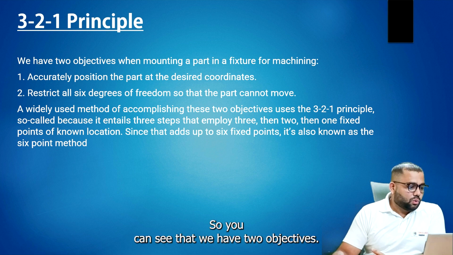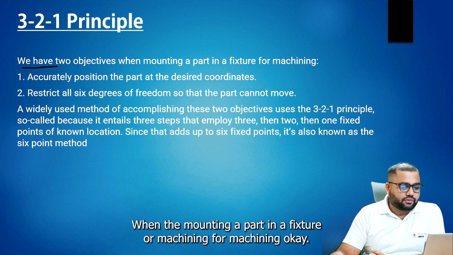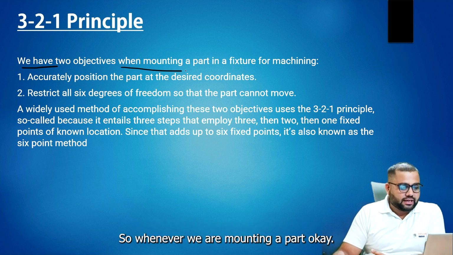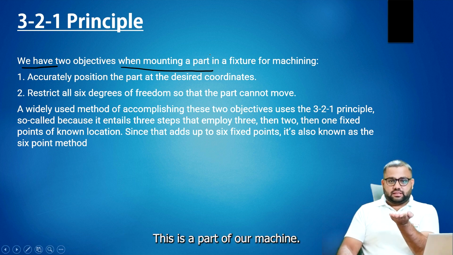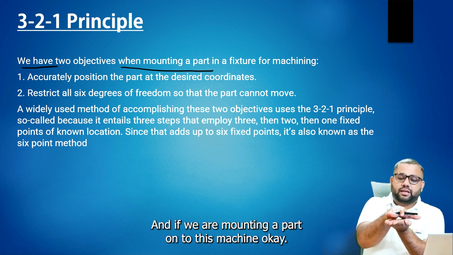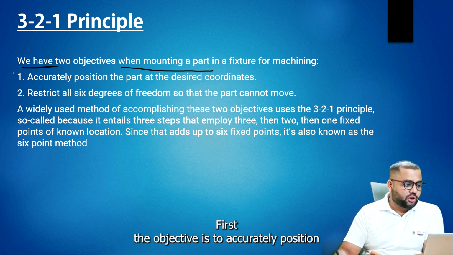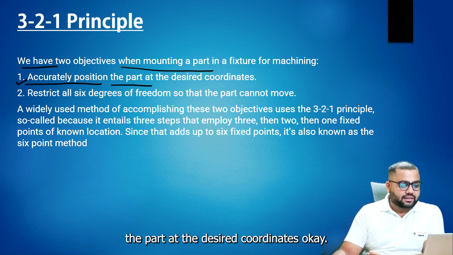You can see that we have two objectives when mounting a part in a fixture or for machining. Wherever we are mounting a part, this is the bed of a machine, and if we are mounting a part onto this machine, there are two objectives. The first objective is to accurately position the part at the desired coordinates.